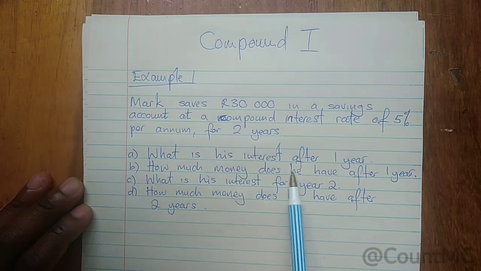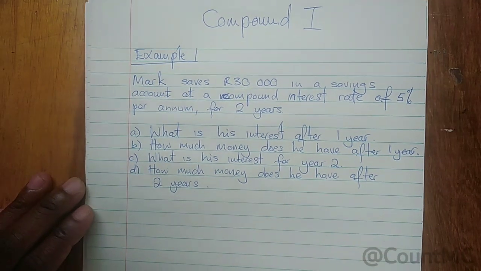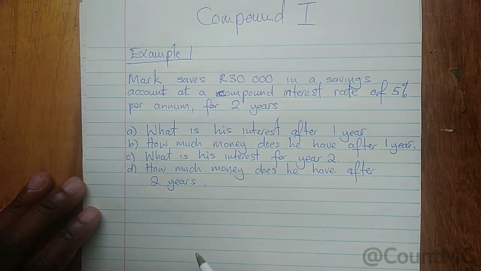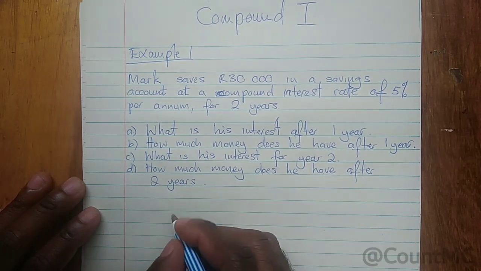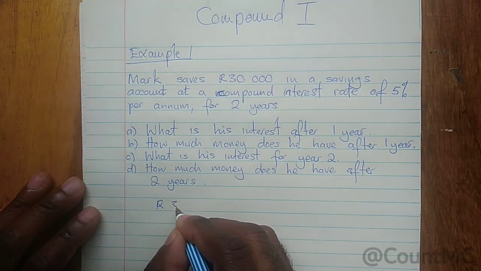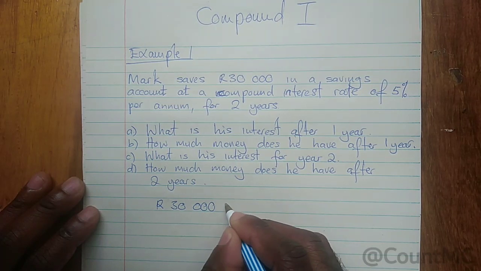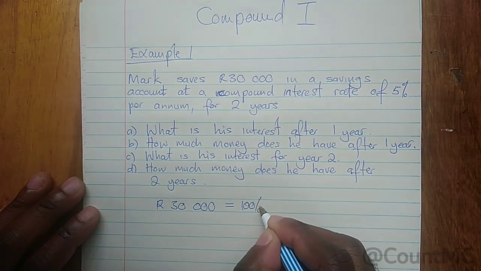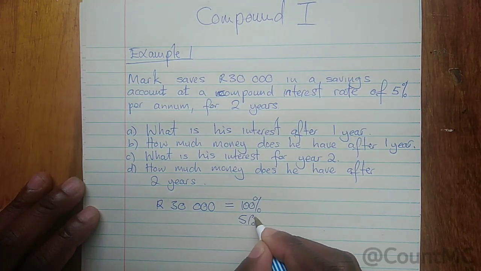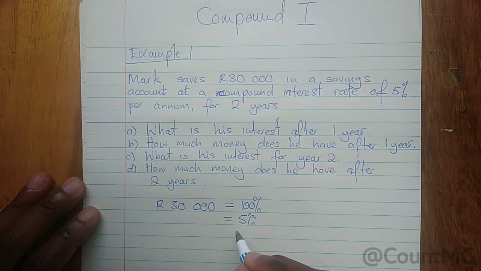What is his interest after 1 year? So let us calculate the interest. Remember, the interest is just a small percentage of the amount that you are given. So this 30,000 rands is our 100%. So 5% is equal to less.